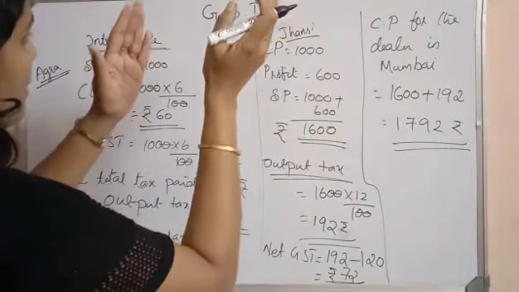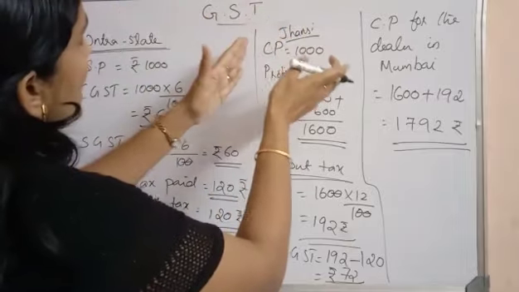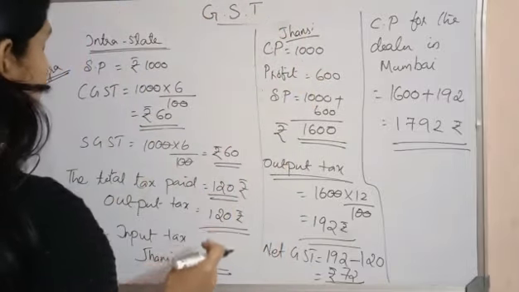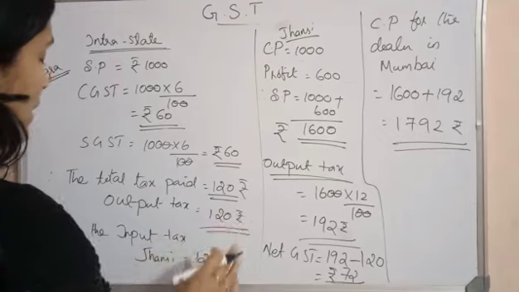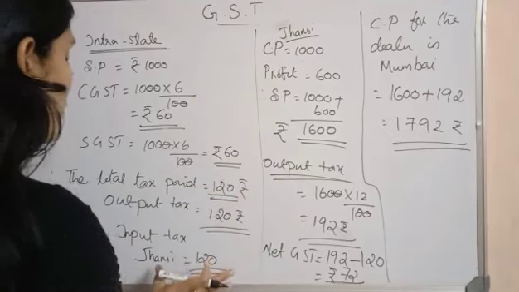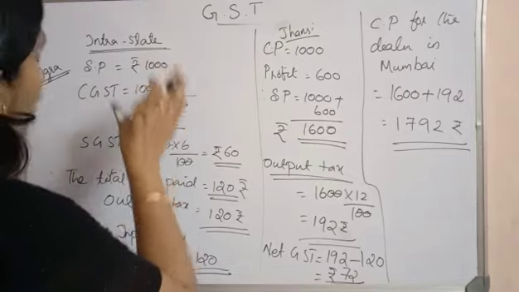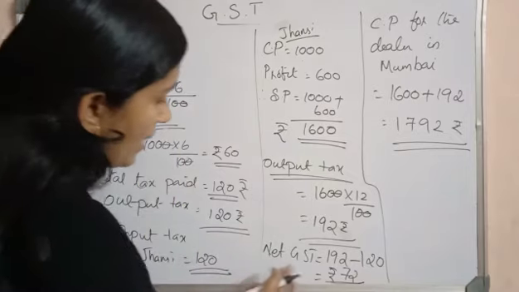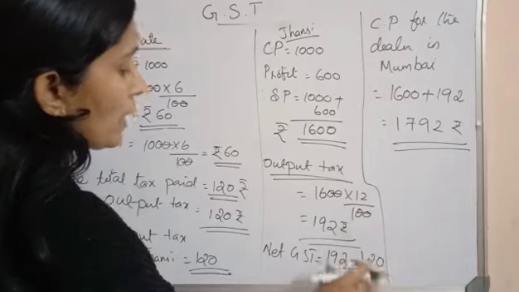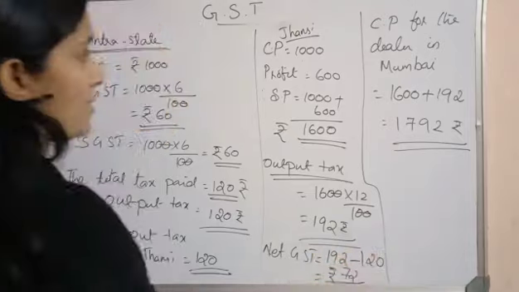Here the tax paid by the dealer in Jhansi is the input tax, since here the purchase is happening. Whenever the purchase is happening, there we are paying the input tax, and when the sale is happening, there we are paying the output tax. And always remember, the net GST is the difference between the output tax as well as the input tax.